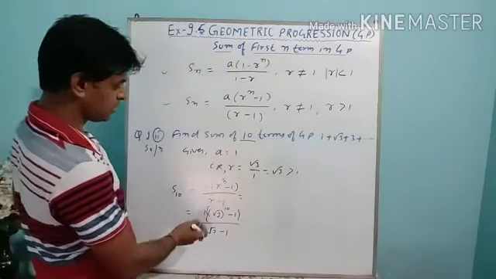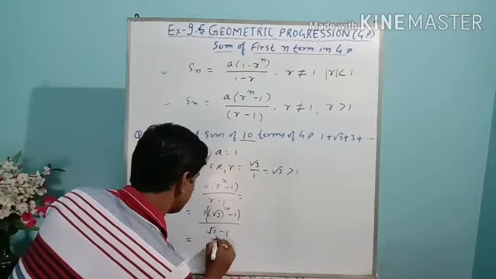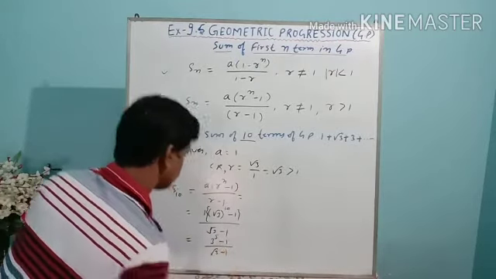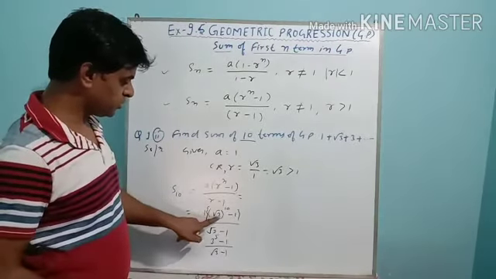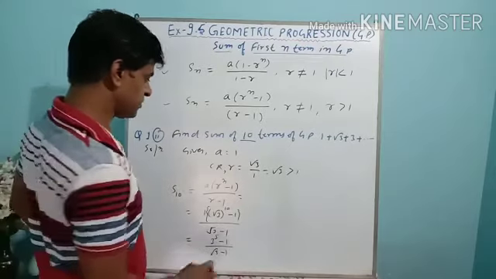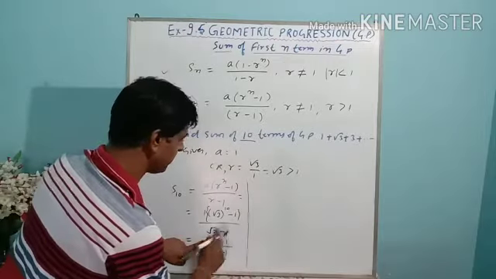Now we will calculate to get the exact answer. Root 3 to the power 10 is 3 to the power 10 by 2, so it's 3 to the power 5, minus 1.